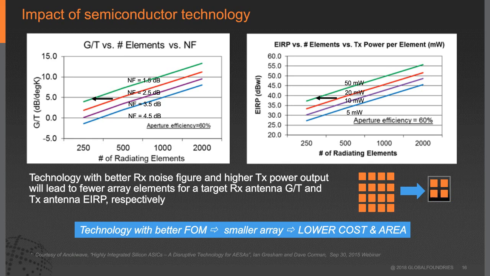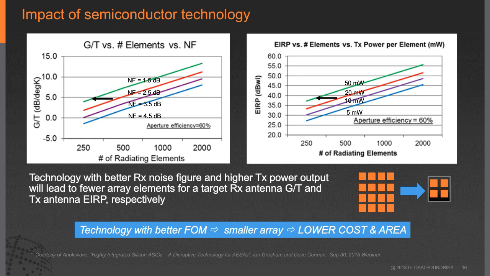However, if you choose your semiconductor technology such that each element power amplifier output power is 50 milliwatts, it comes down. So effectively for 50 milliwatts, it comes down to roughly 300, anywhere between 250 to 300 radiating elements. So the key point out here is the technology with better receiver noise figure and higher transmit power output will lead to fewer array elements for a target receiver antenna G/T and transmit antenna EIRP respectively.